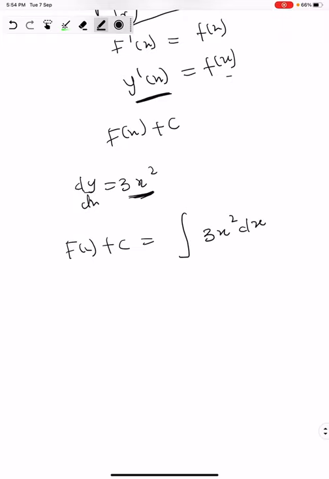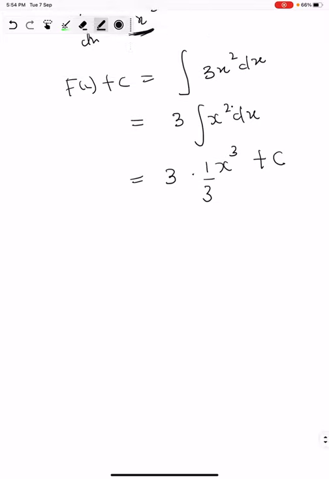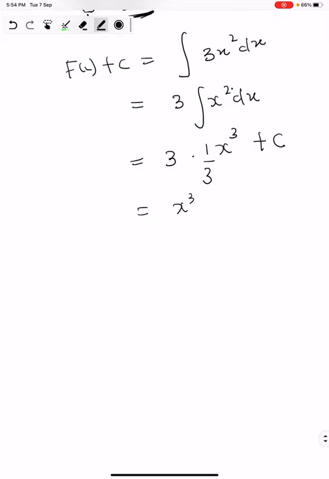Since we know how to integrate now, pull 3 out, the integral of x squared dx. Using the power rule, we add 1 to the exponent and divide by the new exponent: 3 times 1 over 3 x to the power 3 plus c. This is equal to x cubed plus c.